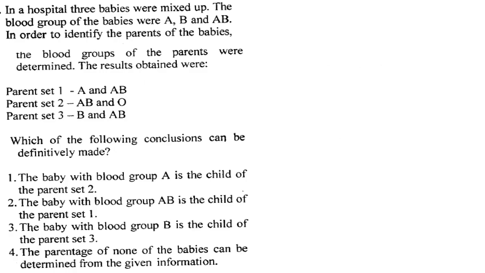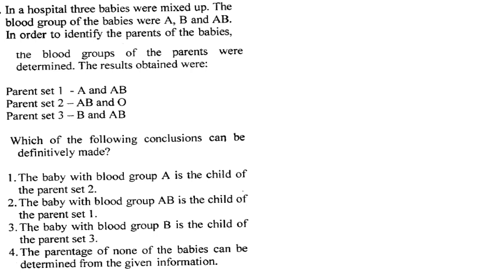The next one. In a hospital, 3 babies were mixed up. The blood groups of the babies were A, B and AB. In order to identify the parents of the babies, the blood groups of the parents were determined. The results obtained were: parent set 1, A and AB; parent set 2, AB and O; parent set 3, B and AB.